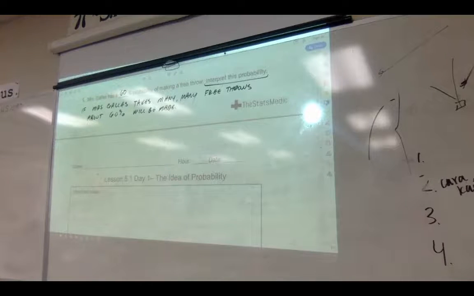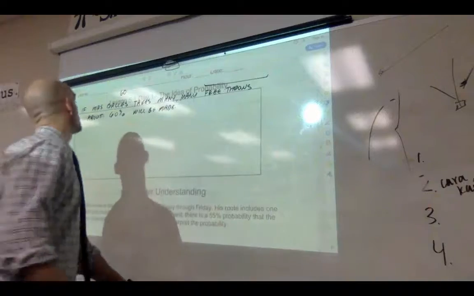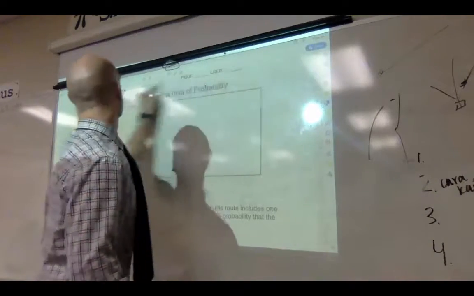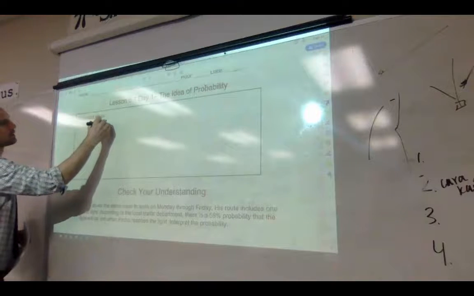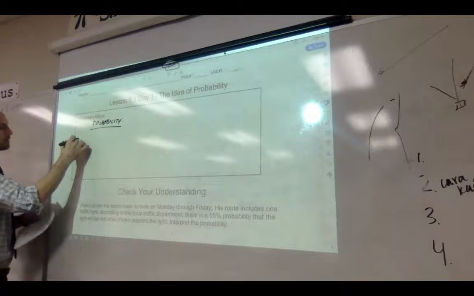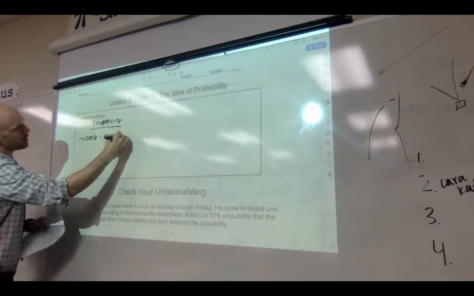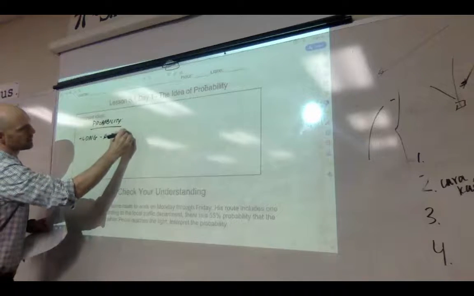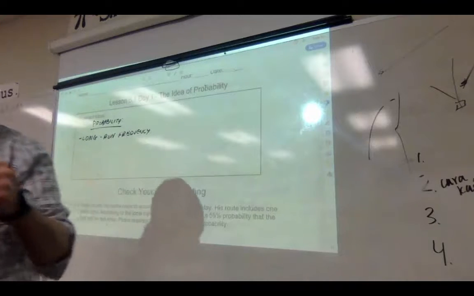The first heading is going to be probability. Let's define probability here. Probability is long-run frequency.